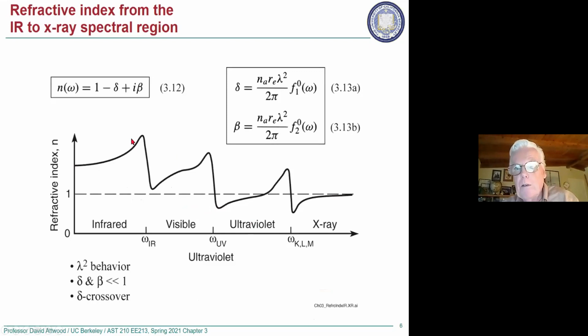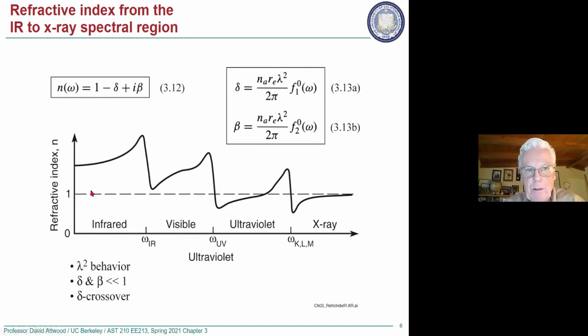Now we're going to go to refractive index. Refractive index will be the ordinate here. 1 is the value in vacuum, and this shows the values from the infrared to the visible, ultraviolet, and X-ray region. And this is where we're going to see that we can write refractive index in a moment, with the atomic scattering factors appearing, the real and imaginary parts.